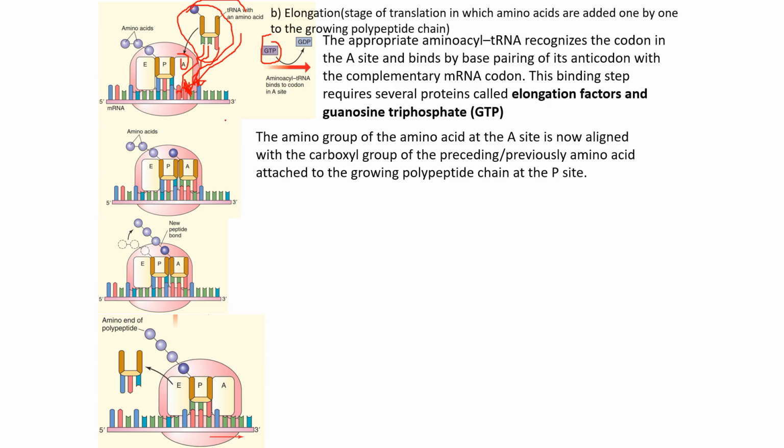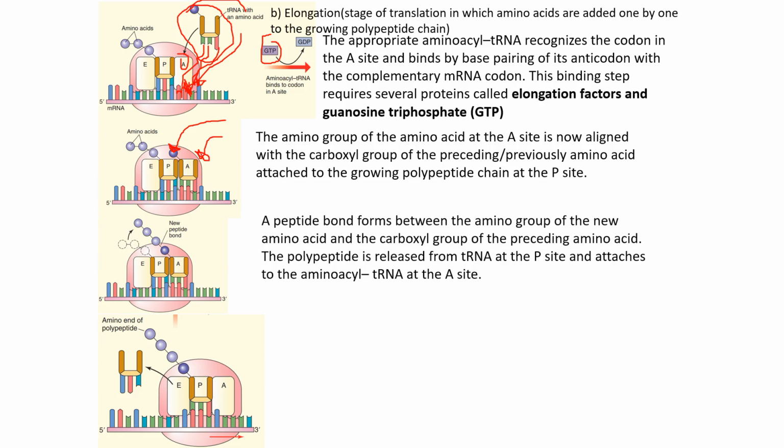Okay, next. Remember earlier I told you the initiator tRNA will land at the P site, and then the subsequent amino acid tRNA will land at the A site. A peptide bond forms between the amino group of the new amino acid and the carboxyl group of the preceding amino acid.